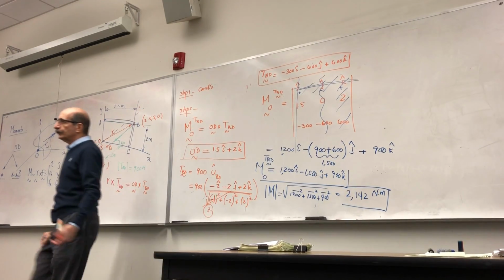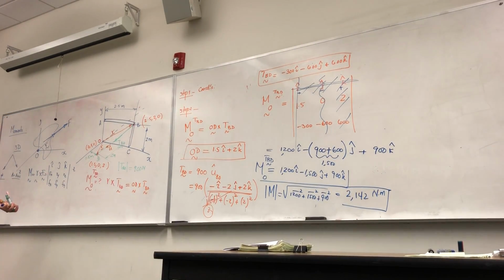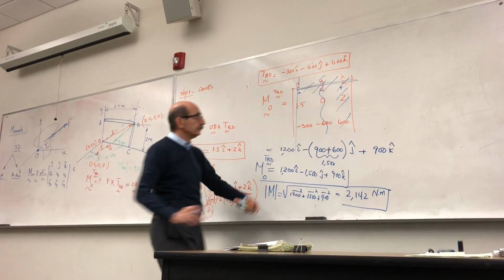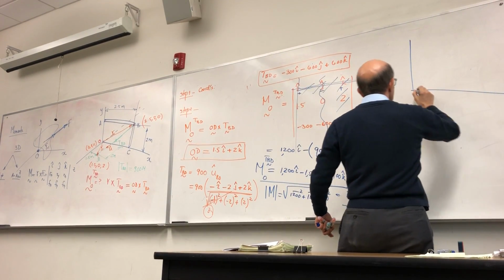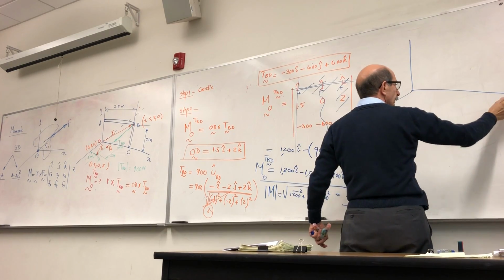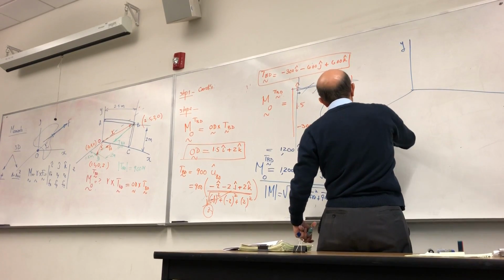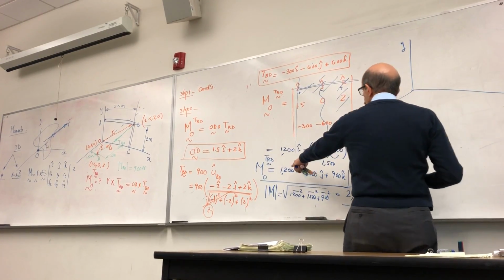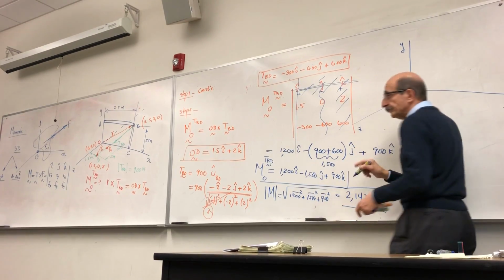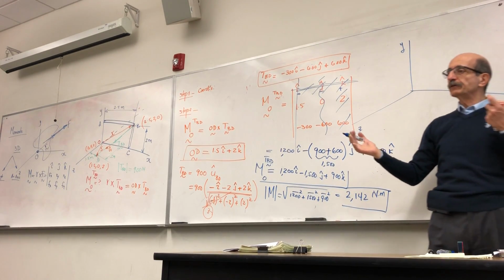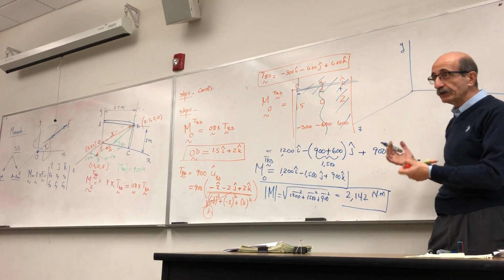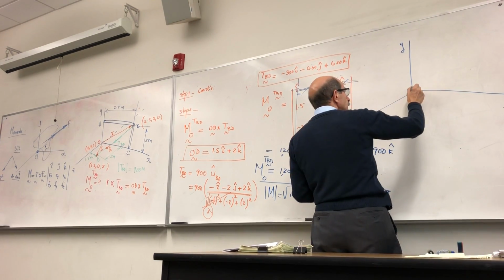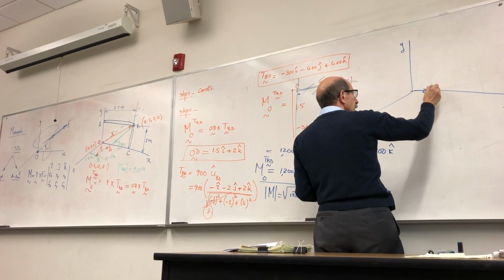Okay. So to visualize this, this is the vector. What that means, okay? If this is x, this is y, this is z. This is the x component of that vector. To differentiate between a force and a moment in terms of representing them vectorially, we use a double-headed arrow.